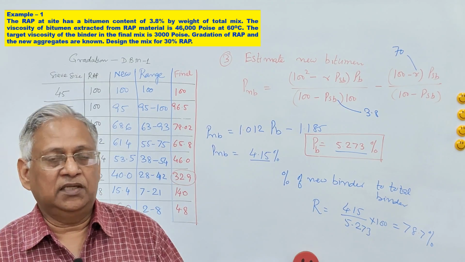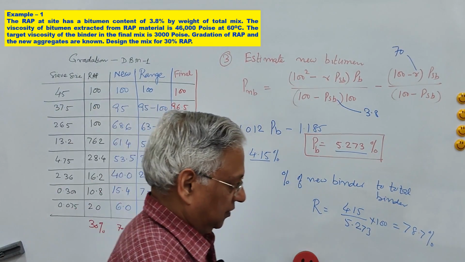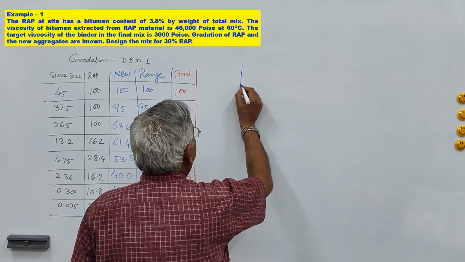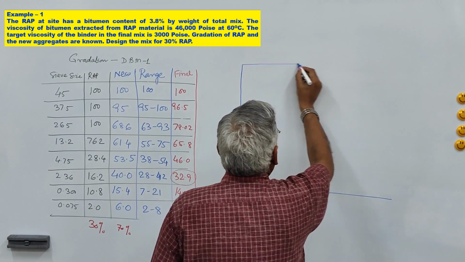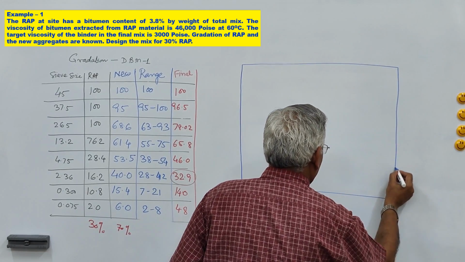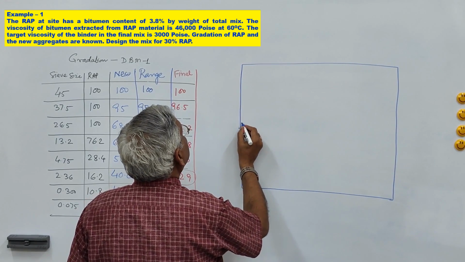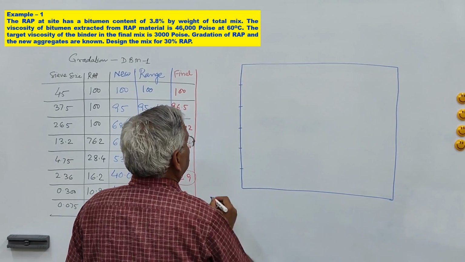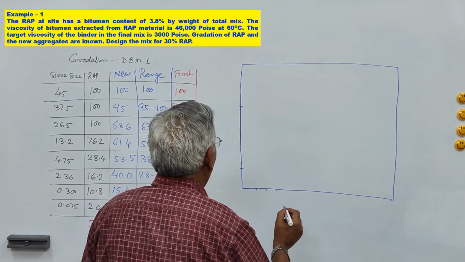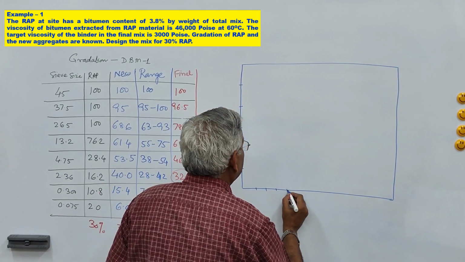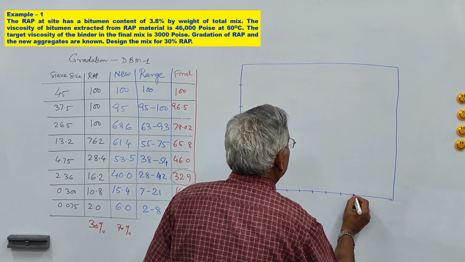Now the next step is to find out what should be the viscosity of this binder. You take a semi-log paper. On the y-axis you have the viscosity on log scale, and here you have the value of R, capital R, that is the percentage of new binder to the total binder.